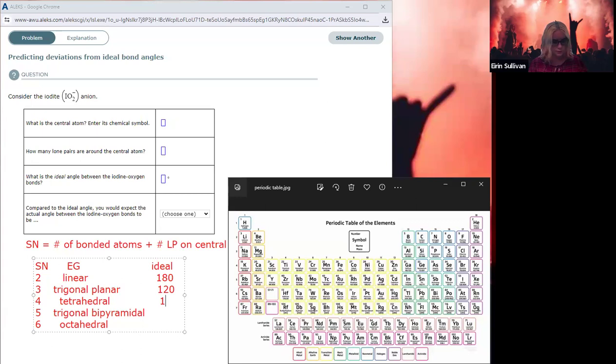So those angles are about 109.5 degrees. Trigonal bipyramidal has 2 angles, between the equatorial and axial positions, so that's a 90-degree angle, and then around the middle between those equatorial positions is essentially a trigonal planar shape, so you also have a 120-degree bond angle there as well. And octahedral all bond angles are 90 degrees, fully symmetrical.